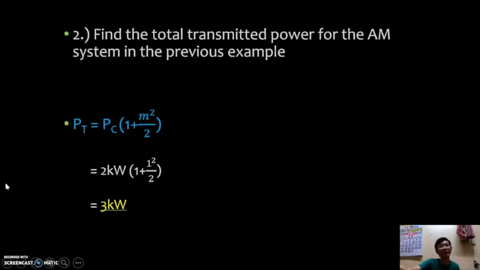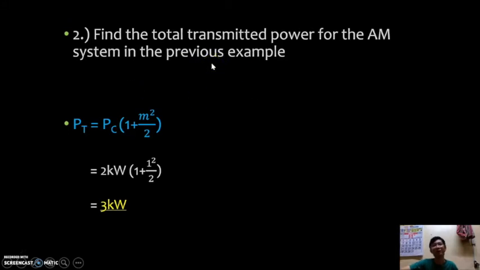Number 2. Find the total transmitted power for the AM system in the previous example. So we are still given the same set of values, but with a different question.